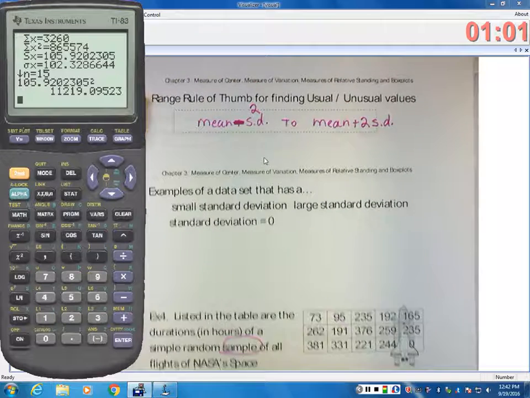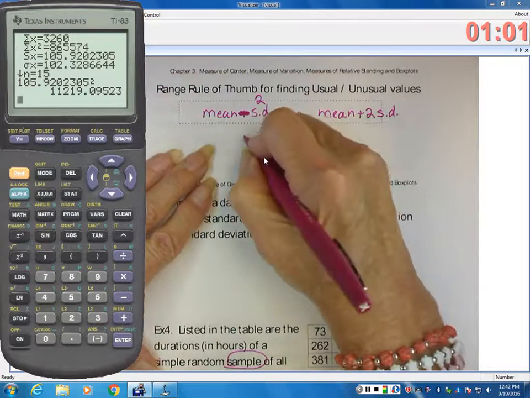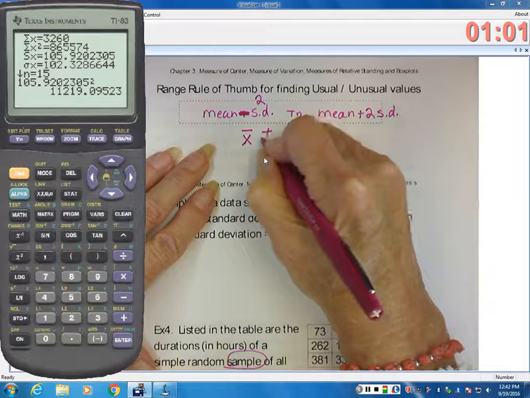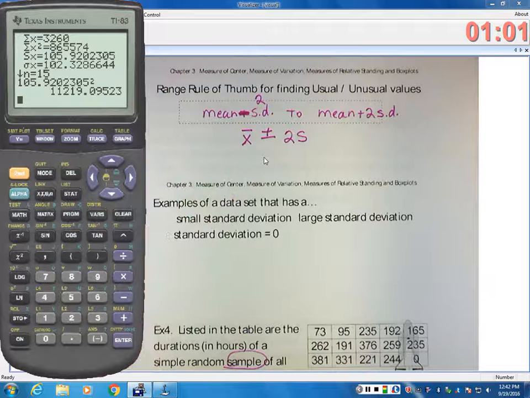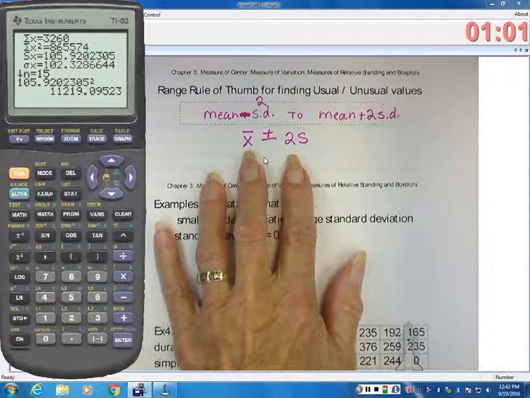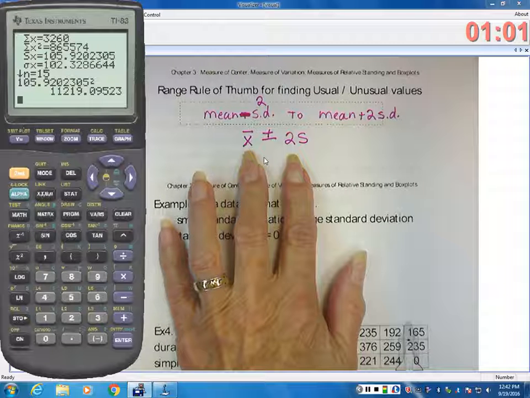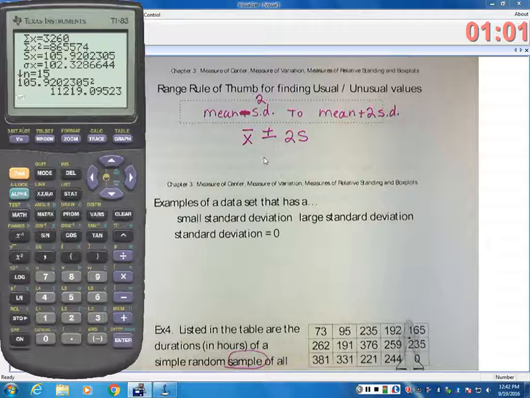Usually we're working with sample data values, so we usually write that very much more simply as x bar plus or minus 2s. That's your range rule of thumb. Anything that does not fall within this interval would only occur 5% of the time or less and is therefore considered to be unusual because 5% is a low probability, which we'll talk about in the next chapter.